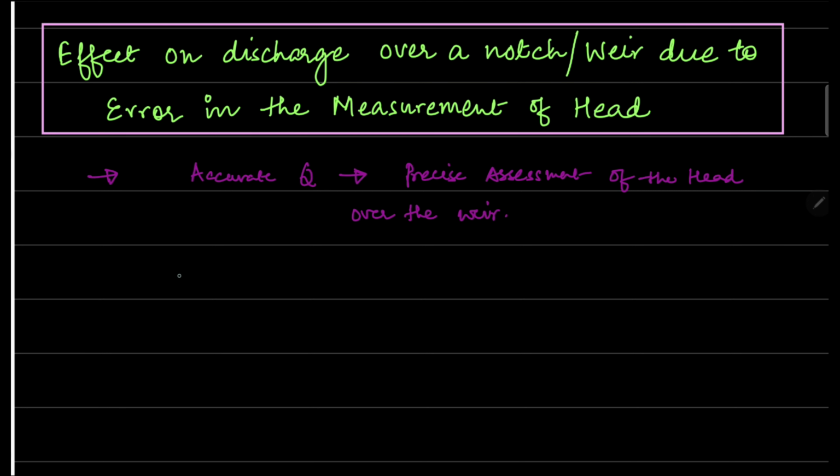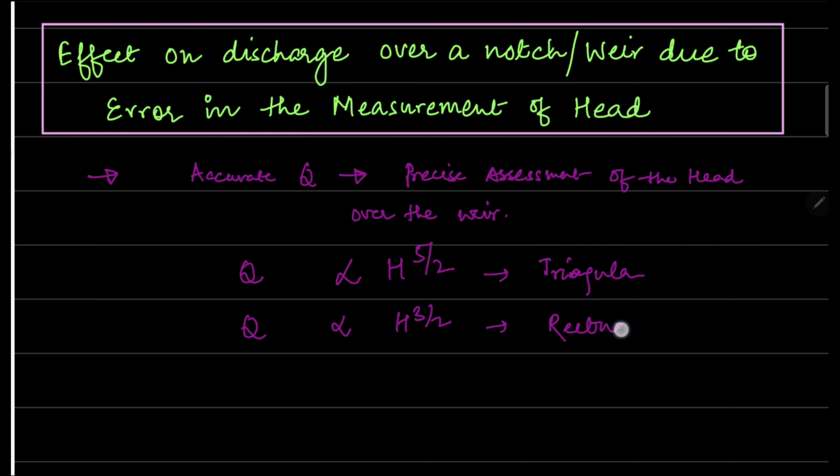Why is it important? If you look at this value of Q, Q is proportional to h raised to the power 5 by 2 in the case of the triangular notch, and similarly Q is proportional to h raised to the power 3 by 2 in the case of the rectangular notch.